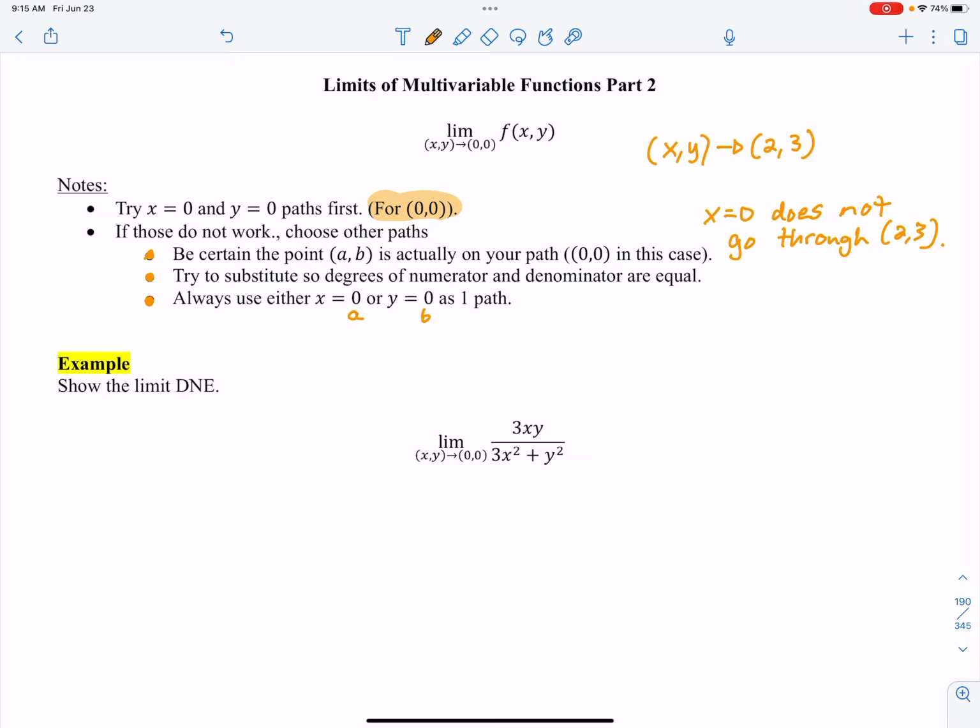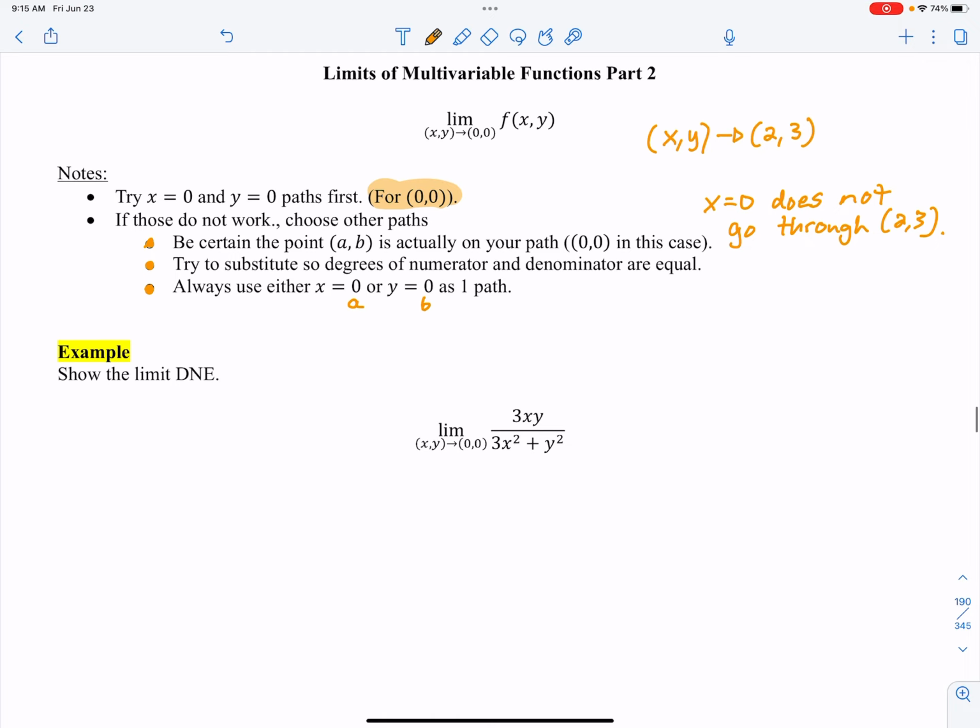Okay, we're going to do a couple problems here, helping you see different methods rather than just the y equals 0 path. Notice we are going through (0, 0), so it is appropriate to use x equals 0 and y equals 0. We'll say along x equals 0, we'll do that first.